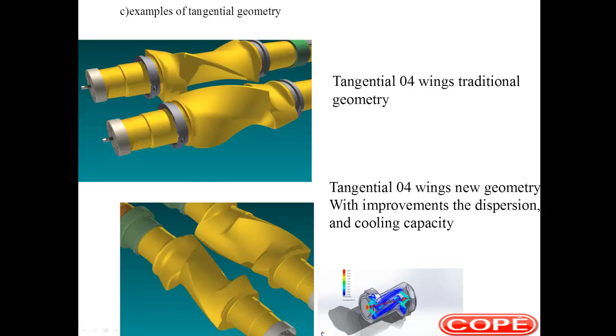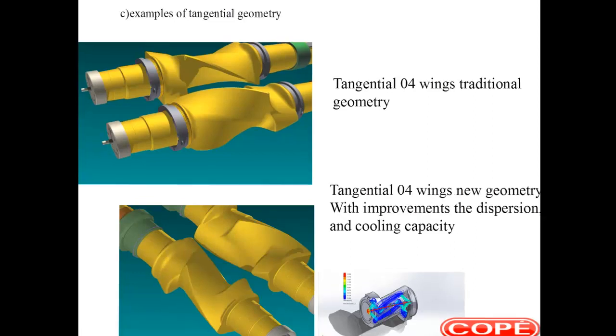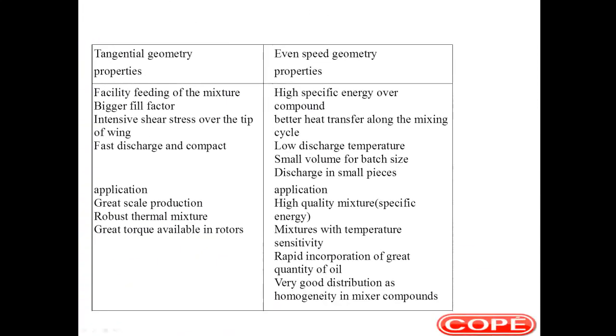The tangential rotors are also improved in thermal capacity. In this example, we can see the cooling system that is very close to the nip of the rotors. In this table, we can see the characteristics of tangential and even speed geometry.